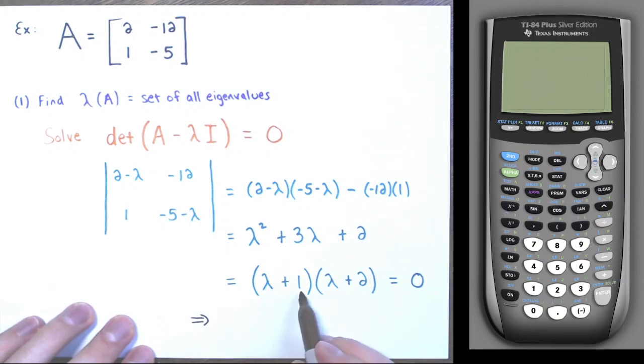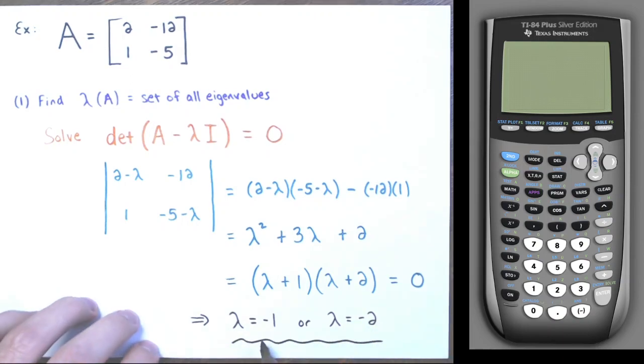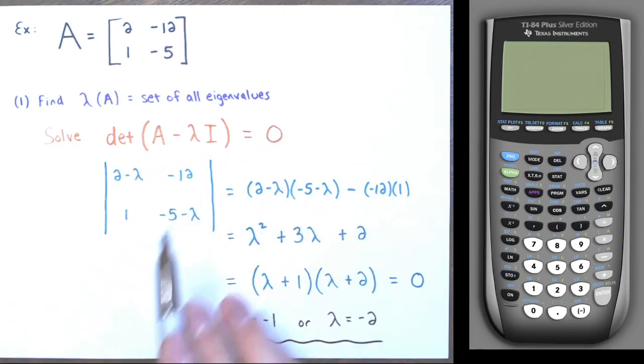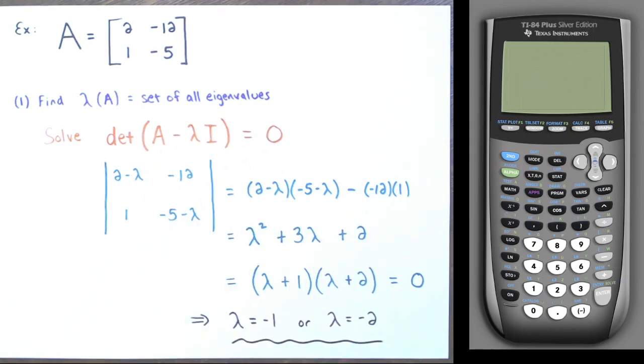So when is lambda plus 1 equal to 0? That would be when lambda is negative 1. Or, when lambda plus 2 is 0, the whole thing will be true. So that happens when lambda equals negative 2. So there you go, here are all the solutions of this characteristic equation.